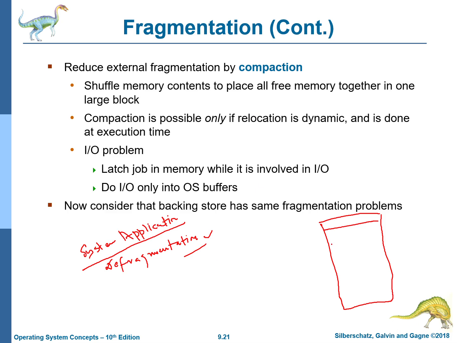So what happens in defragmentation? Suppose we have different partitions of memory here, and something is written over here, something over here, and something over here.